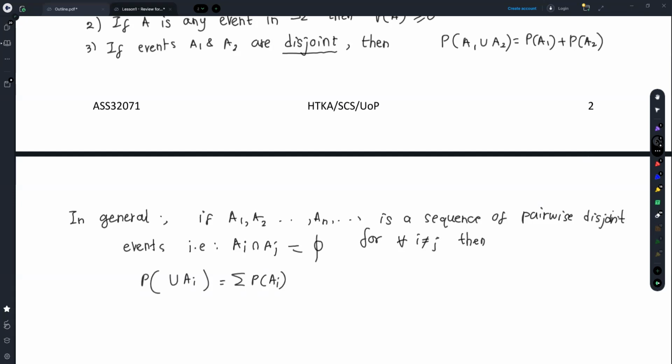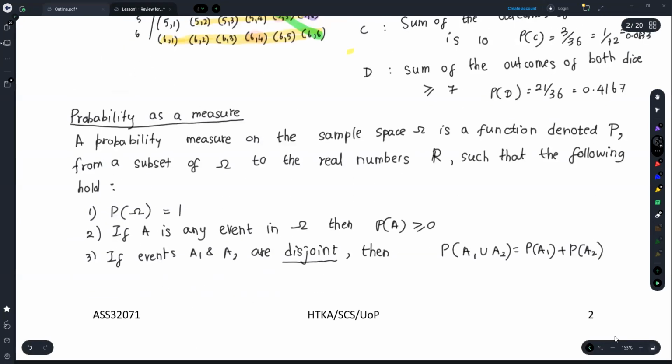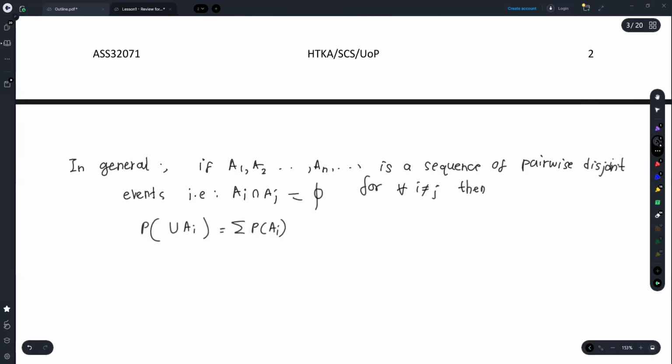Right? So when these three conditions hold for a function which goes from subsets of omega to the real number set R, then we say it is a probability measure.